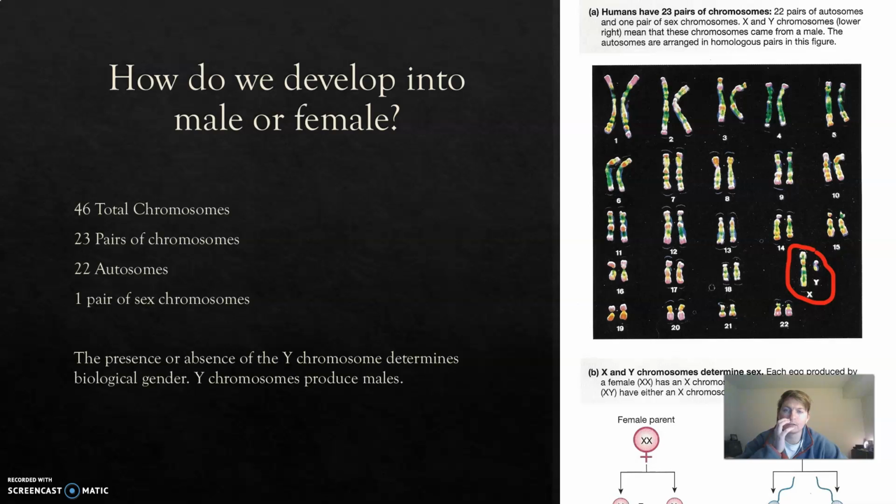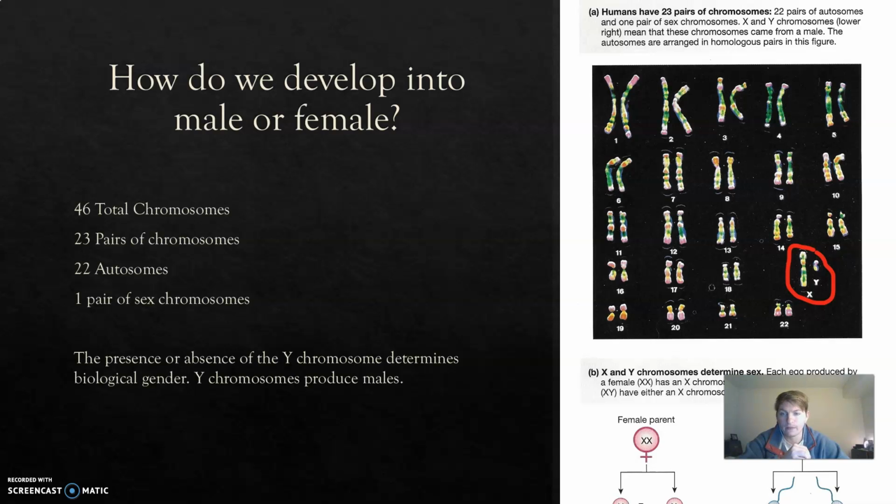So let's get into what actually makes us male or female, or how do we develop into male or female. So first of all, we have to get into the chromosomes and talk about the genetic material that we're dealing with. So in each cell, we have 46 total chromosomes, 23 pairs of chromosomes, as you can see here on the right, and 22 of those are autosomes that basically code for things like your hair color, your eye color, stuff that has to do with your physical characteristics.